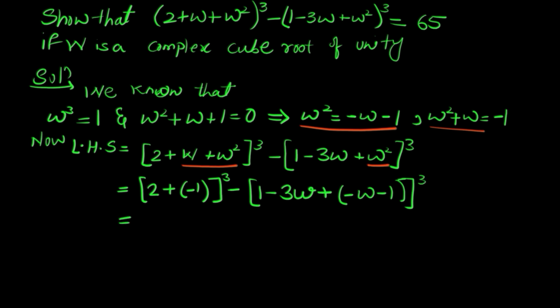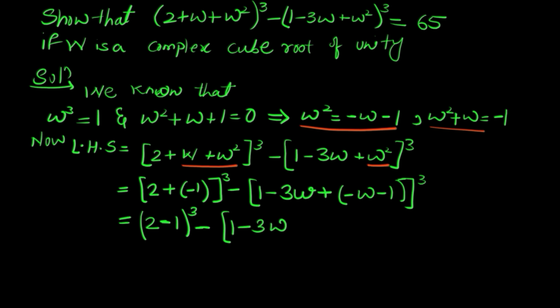Solve this bracket: 2 plus minus becomes minus, so we write 2 minus 1, the whole cube, minus bracket 1 minus 3w.